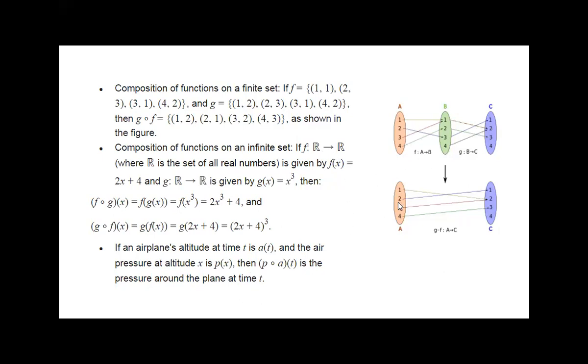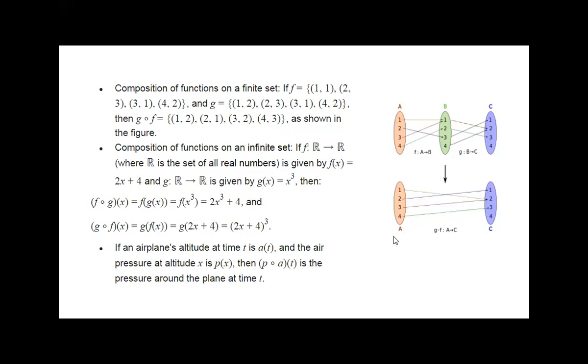So in this diagram, 3 of a will be assigned to 2 of c.